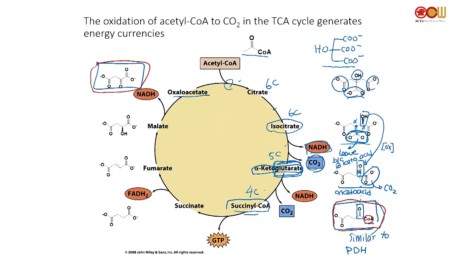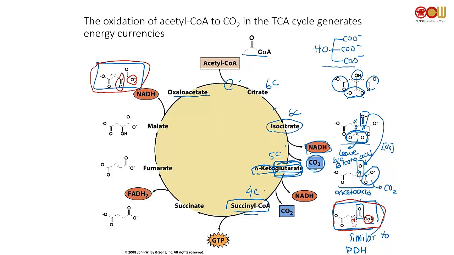CoA becomes an acid, and this carbon right here becomes a keto group. This carbon, nothing changed, and the terminal carboxylate is still carboxylate. So really 2 things changed. One is CoA becomes an acid, and the alpha carbon here becomes a keto group.